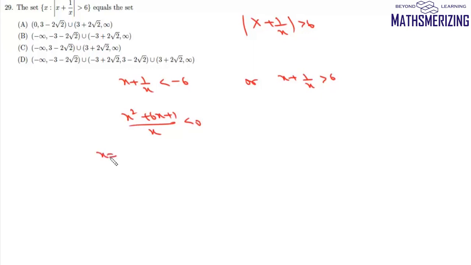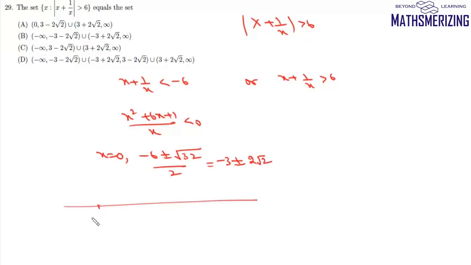Now the roots are 0 and then minus 6 plus minus root of 36 minus 4. So it will be 32 divided by 2. So it will be minus 3 plus minus 2 root 2. So the 3 roots will be minus 3 minus 2 root 2 and then minus 3 plus 2 root 2 and then 0. Now rightmost it is plus. So plus, minus, plus and minus, we need minus.